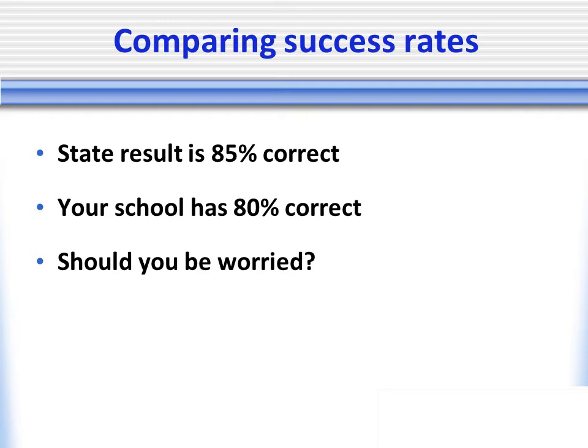If 85% of the state cohort got an item correct, but only 80% of your students were correct, should you be worried? How do you make those similar and different judgments? Let's consider this for a moment. We're thinking about whether plus or minus 5% should be considered similar or different to the state.